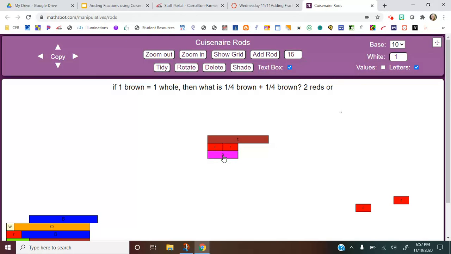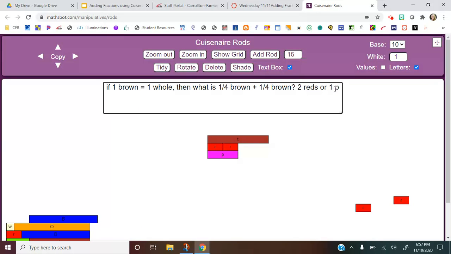And if you notice, 1 purple is equivalent to 2 reds as well. So up here, I could also put if 1 brown, which I have the 1 tan, equals 1 whole, then what is 1/4 of a brown plus 1/4 of a brown? That equals 2 reds, or I could say 1 purple.